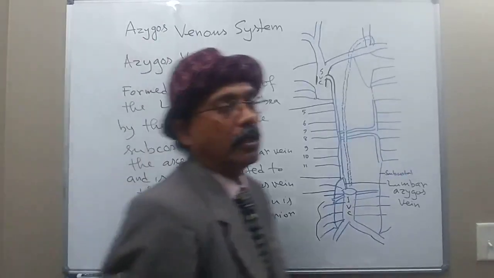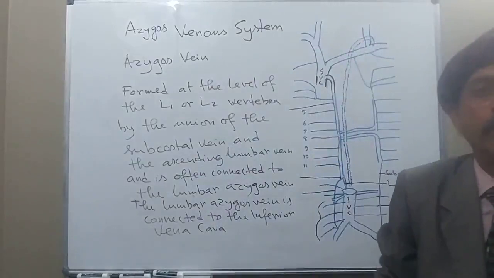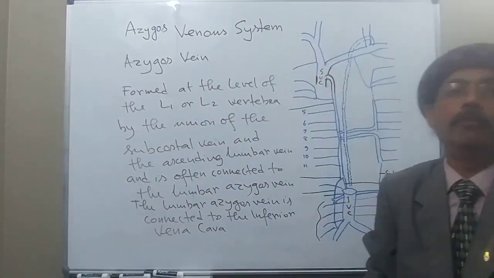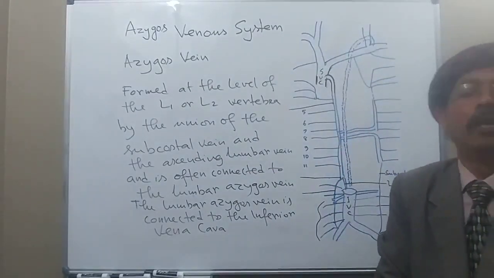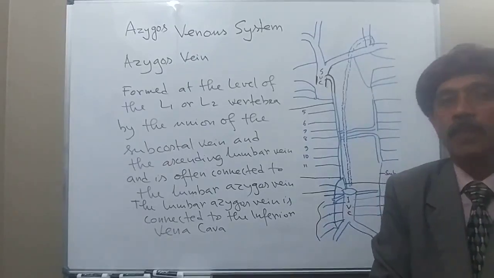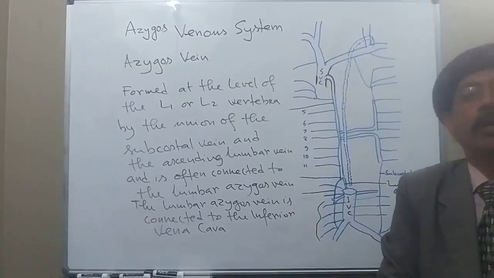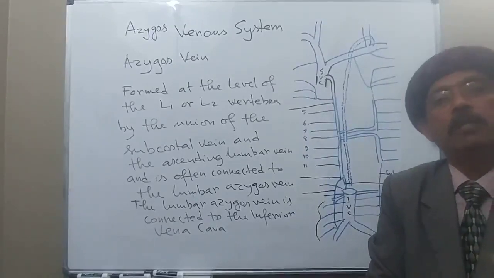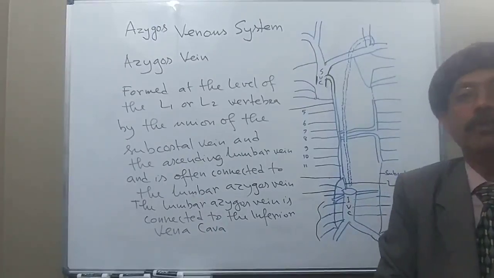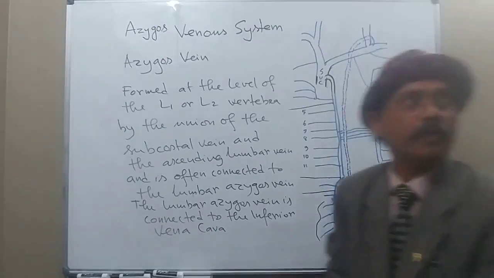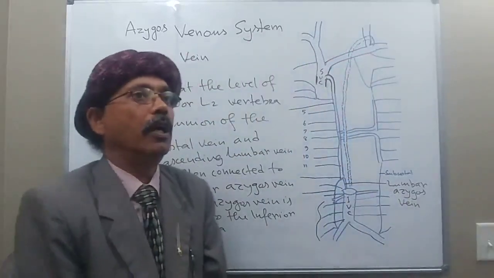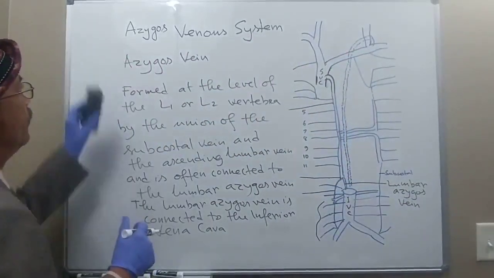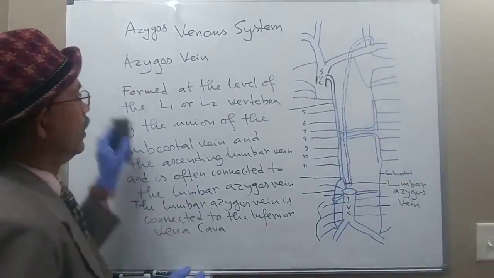So you got the vertebral level, that is L1, L2, formation by the union of the subcostal vein and ascending lumbar vein. It is often connected to the lumbar azygos vein, that is connected to the inferior vena cava. That is the formation and location of the azygos vein.